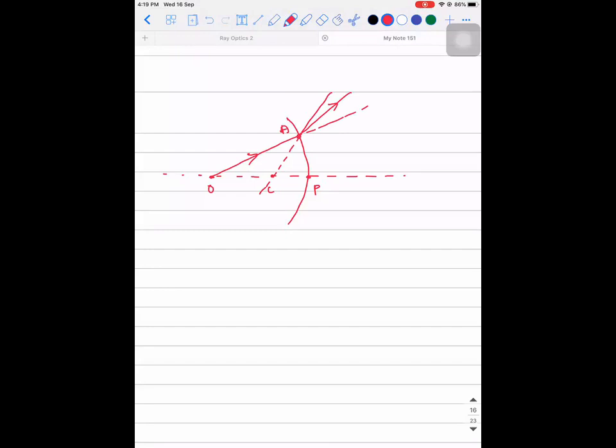Okay, so let's say this point is A. Now tell me what is the angle of incidence? Tell me in terms of O, A, C, P. Angle OAC is how much? You need to concentrate. So what is the angle OAC?